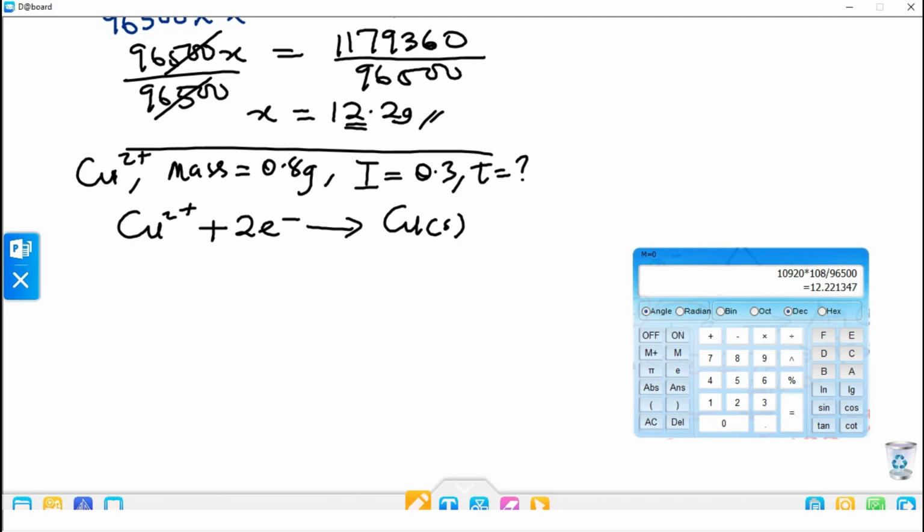So from the equation, 2 Faradays gave us 1 mole of copper. That is to say, 2 Faradays is giving us 1 mole of copper. That is 2 times 96,500 is giving us 1 mole of copper.